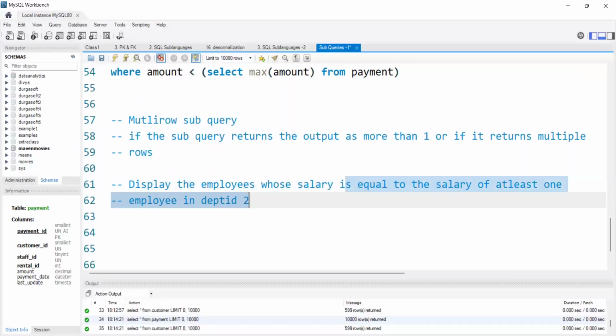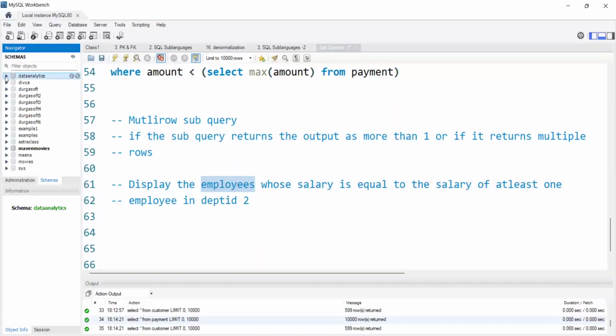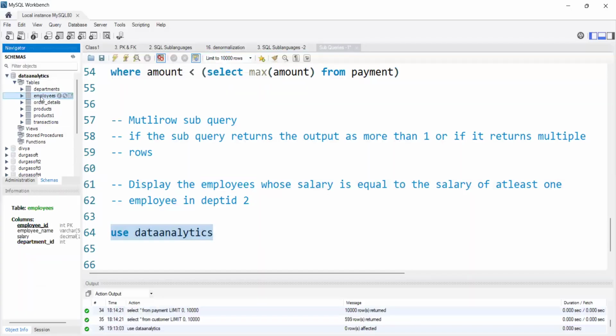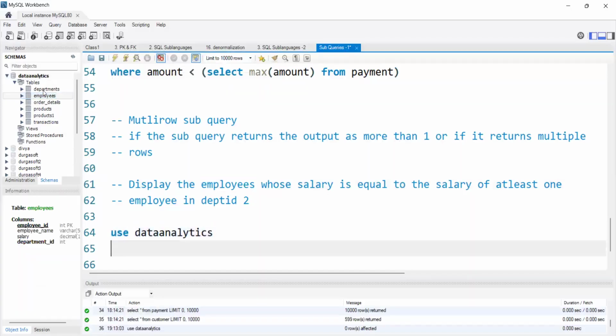Basically, first we need some employees data and department data, and I have that data in this database. Let me activate that database called data analytics. I have some employee details and department details here. I'll execute those tables quickly.